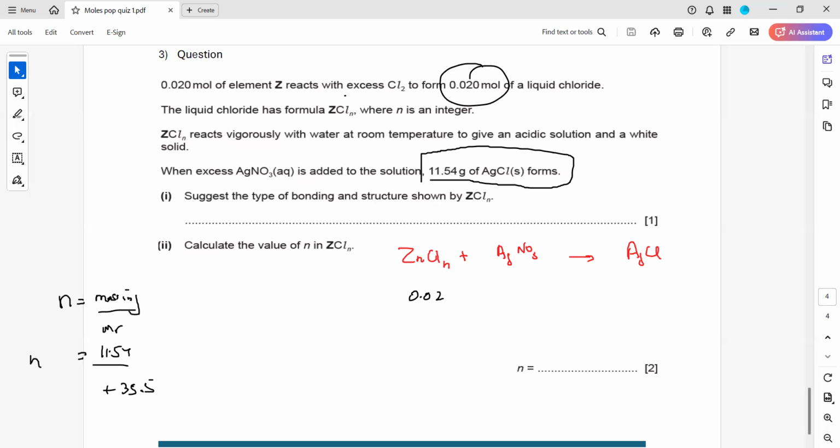I think it's 109 something. The molar mass of silver is 107.9. So I can put 107.9.